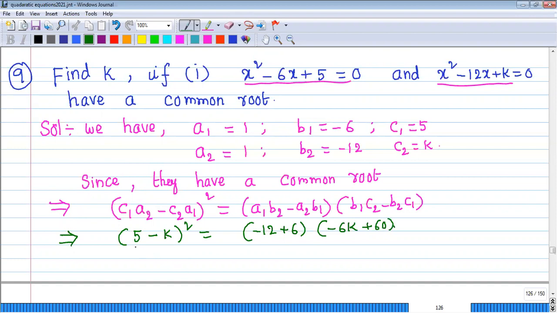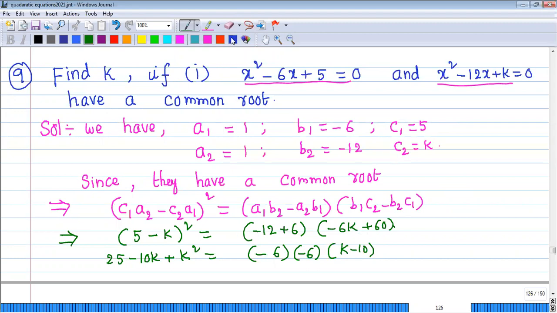So now (5 minus k) whole square, you have 25 minus 10k plus k square equals minus 6 multiplied with, we can take minus 6 common, so we have (k minus 10).